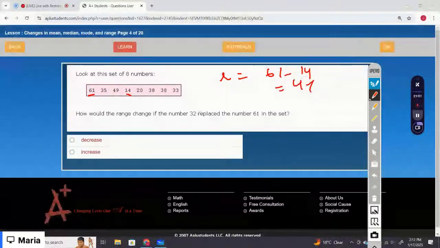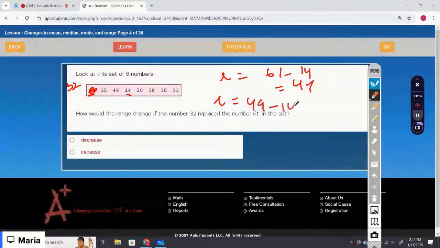Now if the number 61 is replaced by 32, the smallest number is 14, the greatest is 49. So then that means the range is decreased from 47 to 35.